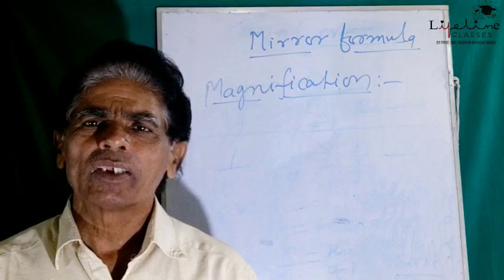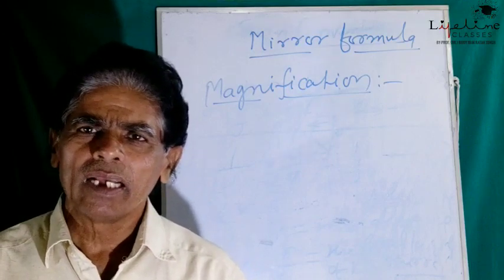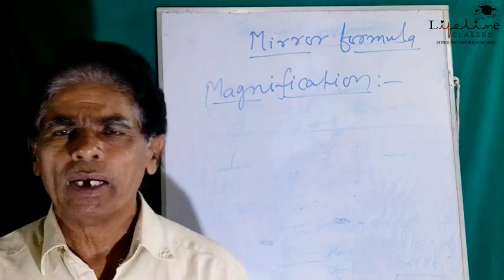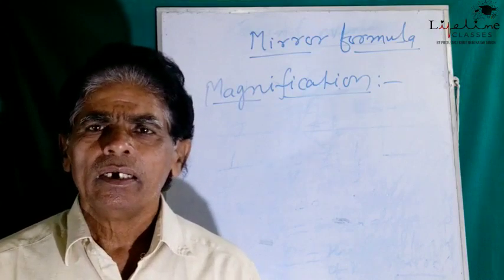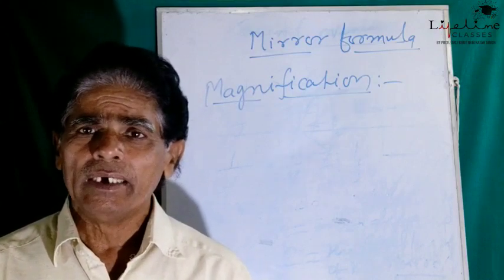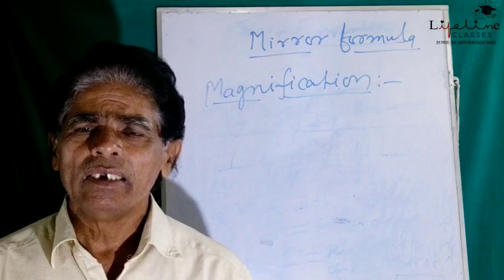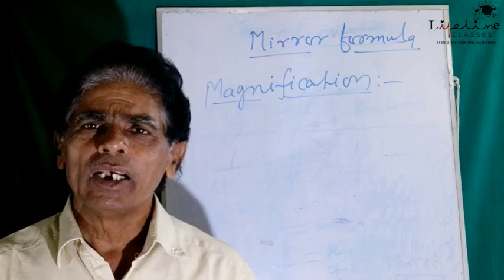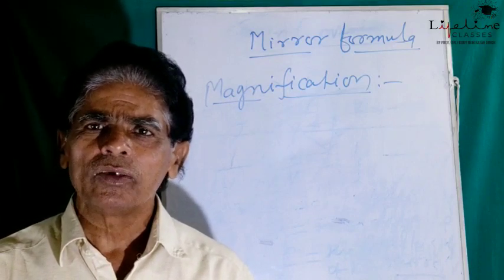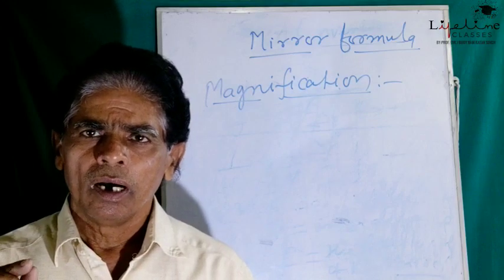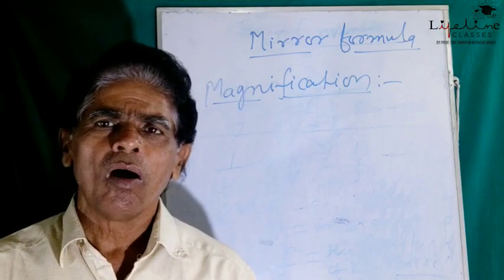So either magnification will be 1, less than 1, or more than 1. But mathematically it can be obtained numerically by the ratio of the image size to the object size.